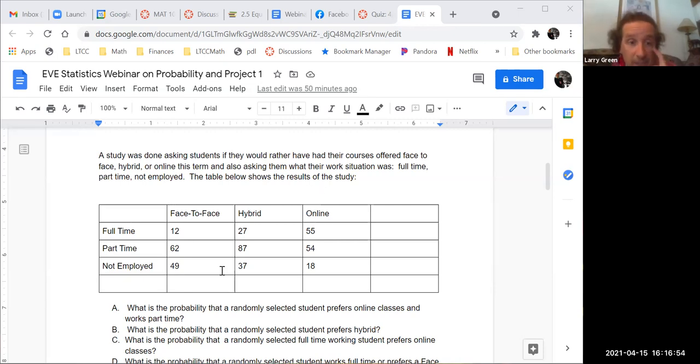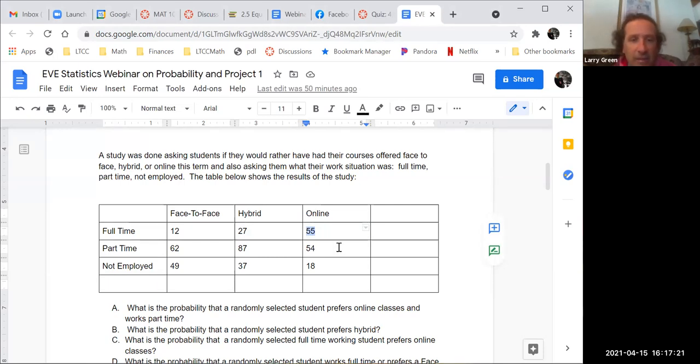What that means is that there's two survey questions, right? In this case, the survey questions are, how would you like your course offered? And the second survey question is, what's your employment situation? So when there's two survey questions, then what these numbers mean, for example, this 55, these are tallies.